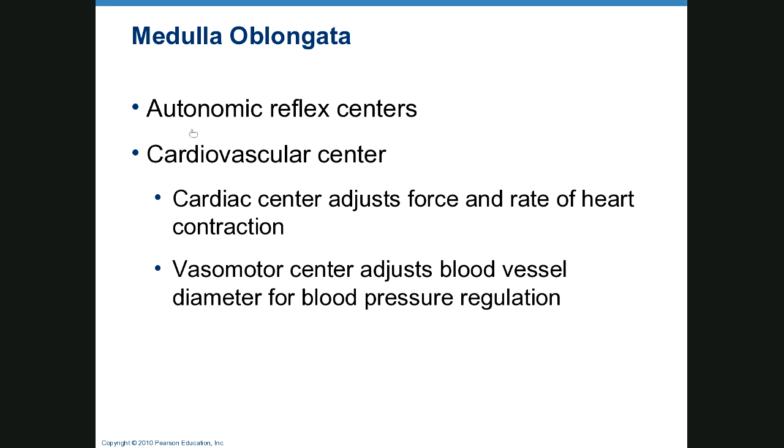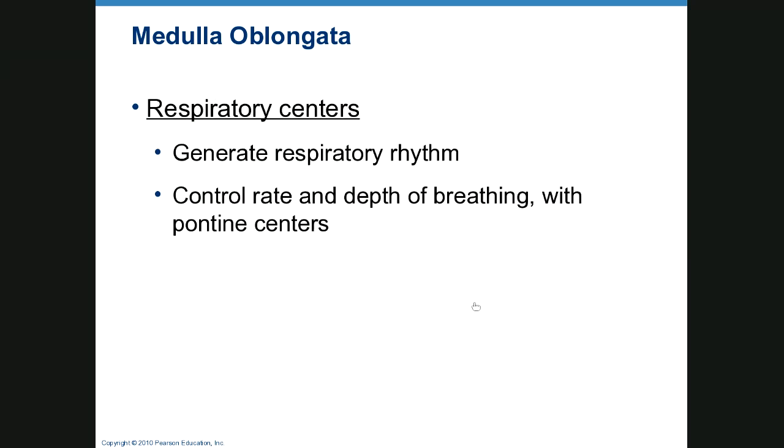Also, medulla is important for autonomic reflex center, cardiovascular centers. It does adjust and fine-tune heart rate, blood pressure. The heart can run without signals from the medulla oblongata if you have respiration taking place. Respiratory centers, the medulla is where you have the respiratory rhythm generated.